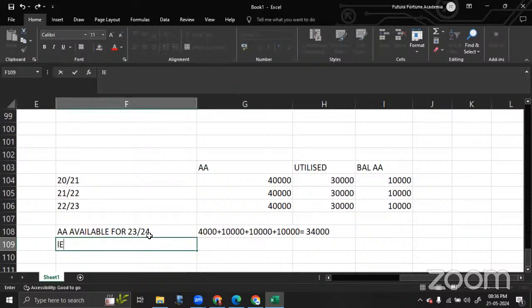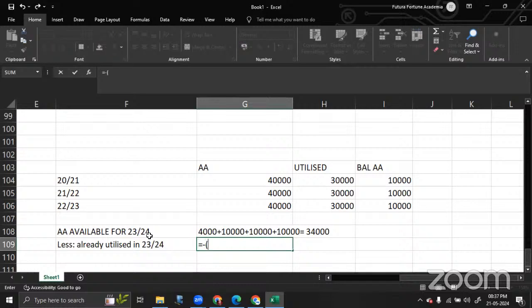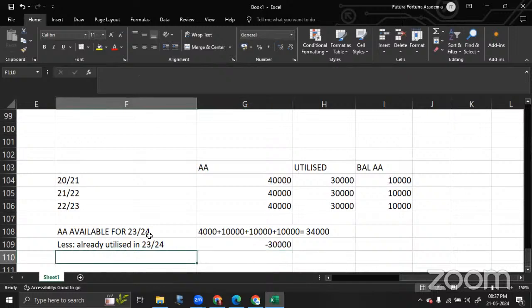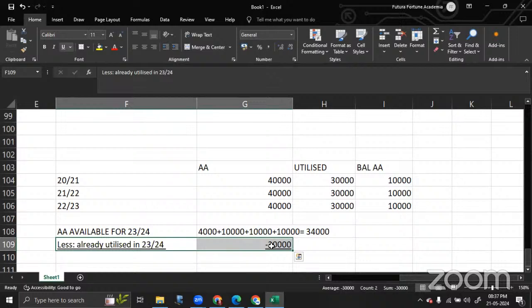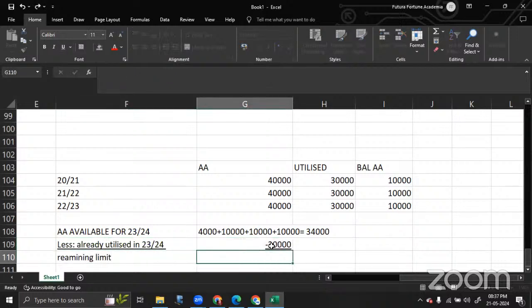Out of this 34,000, we have already utilized in 23-24 the contribution of 18,000 OPC from employee and 12,000 OPC from the employer. That means out of this 34,000, you have already utilized 30,000. So your remaining limit is 4,000.